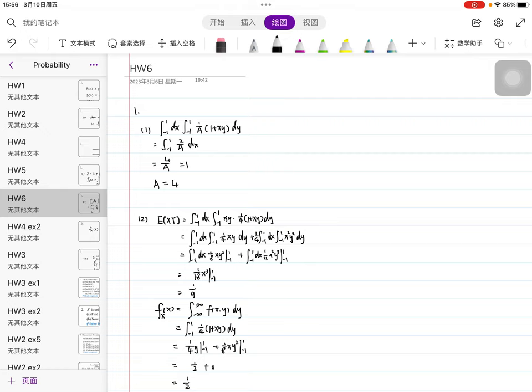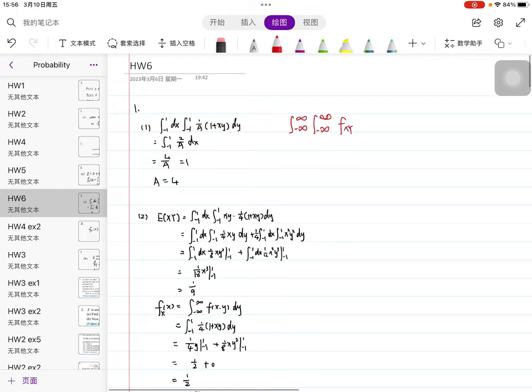The first question is to find the A so that this function is a valid joint density function. For the first question, we could just solve this. It is the double integral from minus infinity to infinity of the joint density function dx dy equals 1.